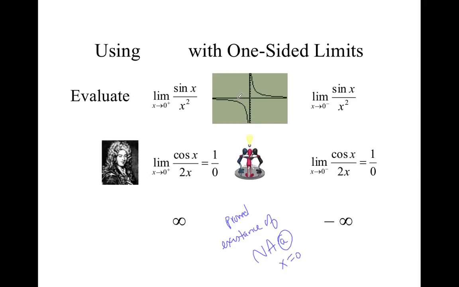As x approaches 0 from the right, function behavior is off to infinity. As x approaches 0 from the left, function behavior goes to negative infinity. Crazy, whack, funky, eh?